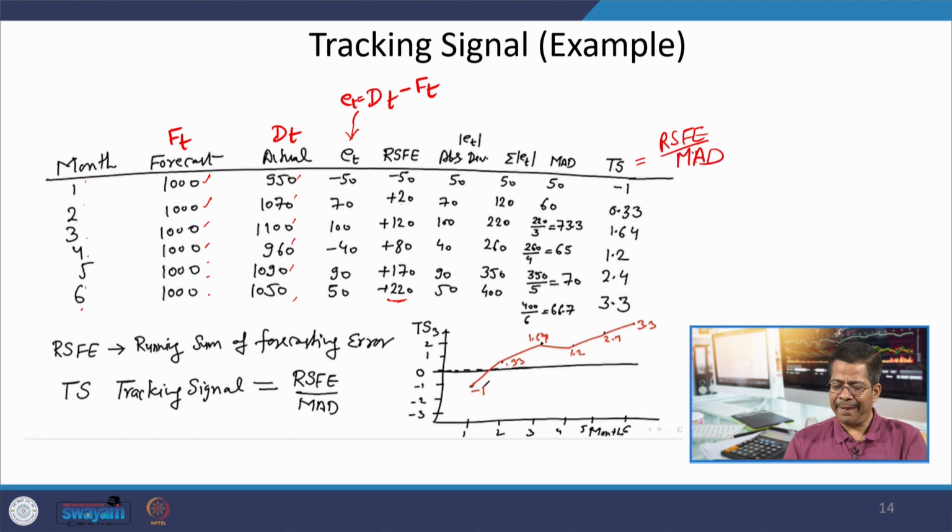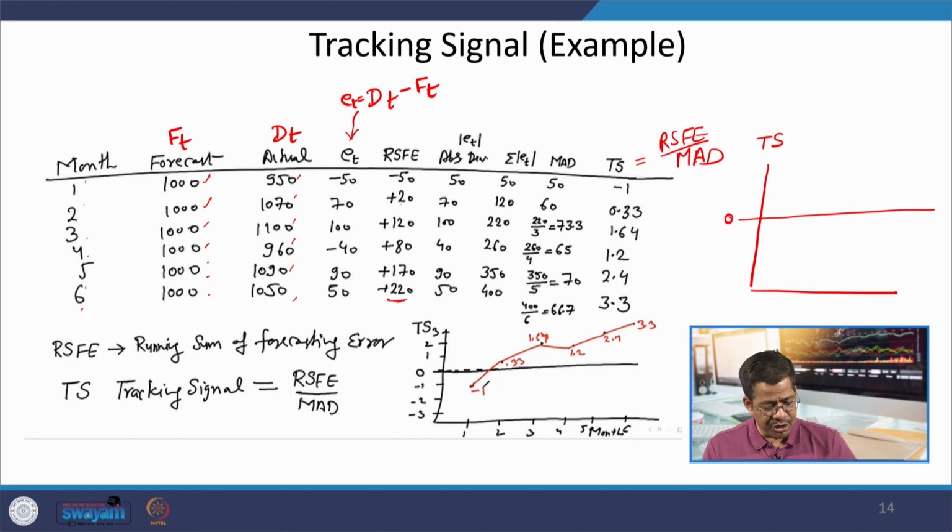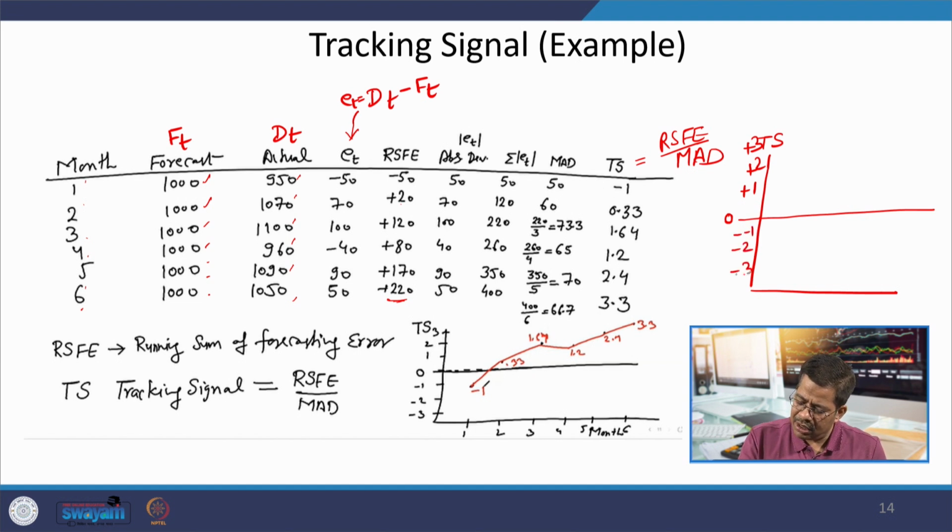In this way, the final column gives you the values of tracking signal, and then on a particular scale, if you can see on your screen in the bottom, we have the calculations for tracking signal, where the middle value is 0, and then there are few values which are in the positive, maybe up to 3 plus, maybe up to minus 1, minus 2, minus 3, like that.